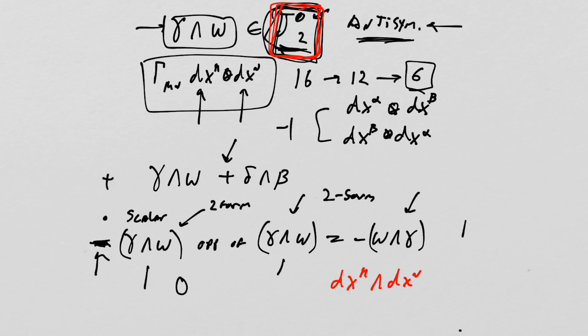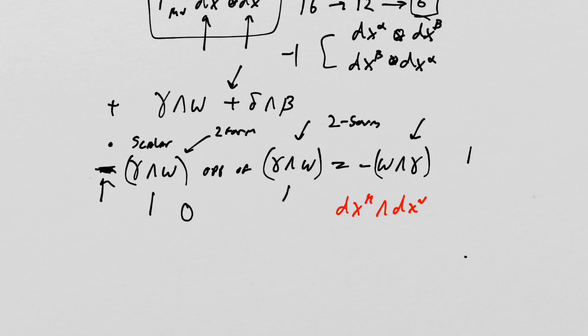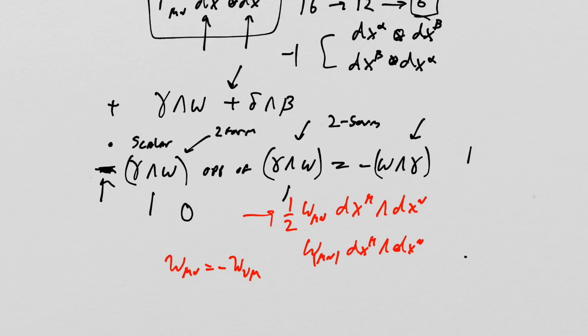And every member of this vector space is going to be represented by 1/2 omega mu nu, and we know that there's a restriction that omega mu nu equals minus omega nu mu. We know about that restriction. And the alternative way of writing this is omega mu nu dx mu dx nu, without the 1/2.